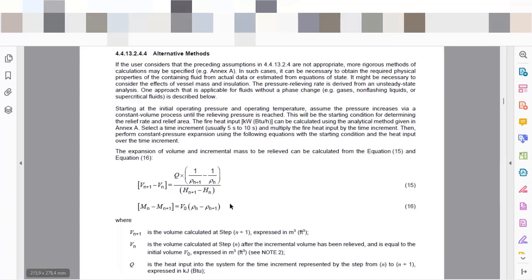And API 521 already recognizes this procedure as an alternative procedure that can be used to define the orifice and also the flow calculation. So you can use the standard API 521 calculation to define your pressure relief device, but you can also use this alternative method based on Ryan's procedure and upgraded by Richard.